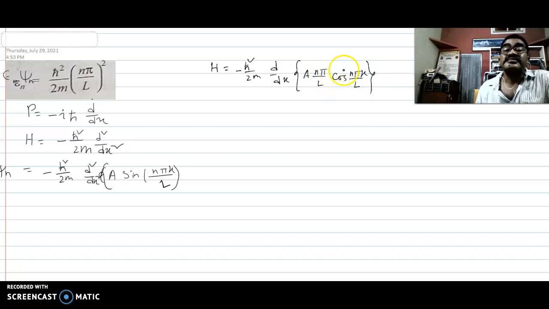Again we have to differentiate. Differentiating cos gives a minus, and this minus cancels with the other minus, so h cross square by twice m and A remain.